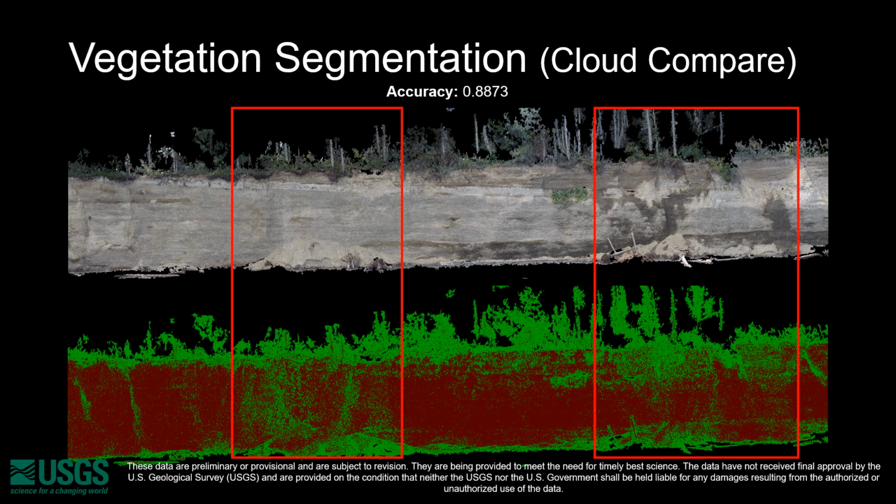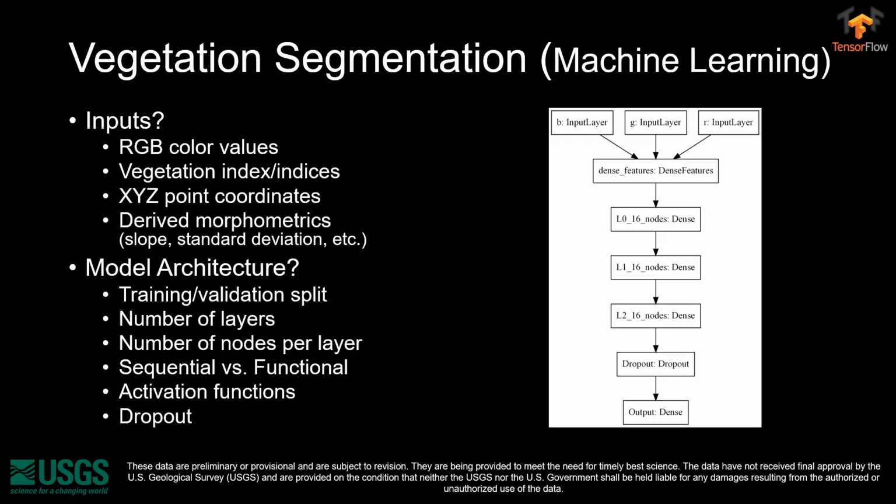However, you can see in the areas highlighted by the bounding boxes that there tends to be a lot of speckling of false points that are classified incorrectly as vegetation on the bluff face, which are actually bare earth points. And it's important to note that even some samples from this point cloud were used in the classification input, the training data sets.